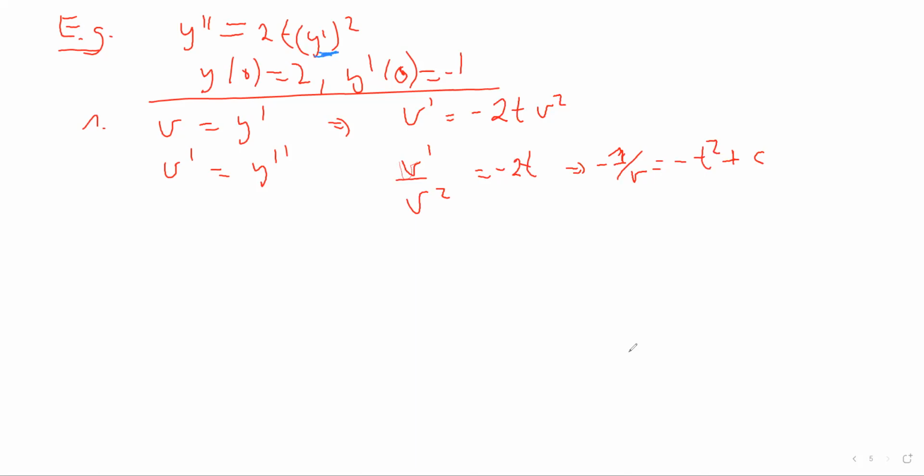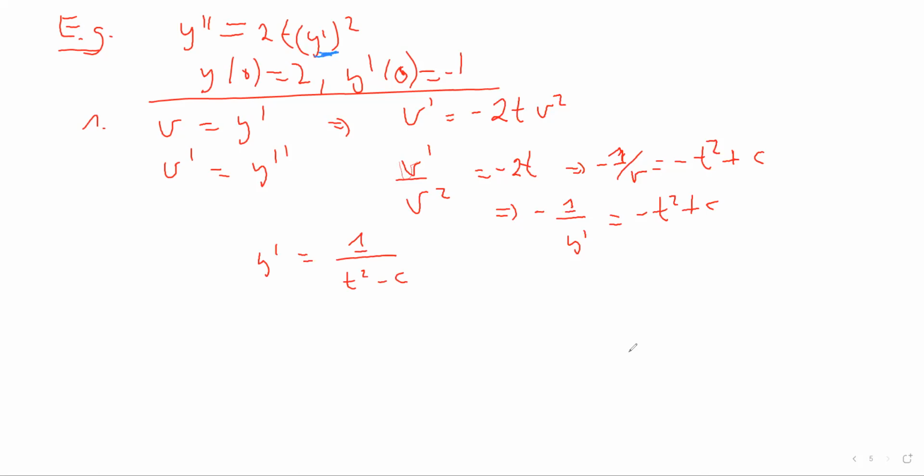So now we know that 1 over v is equal to t squared minus c. And now we know v is the derivative, so we make a substitution, and v we know as y prime. So y prime will be nothing but 1 over t squared minus c.